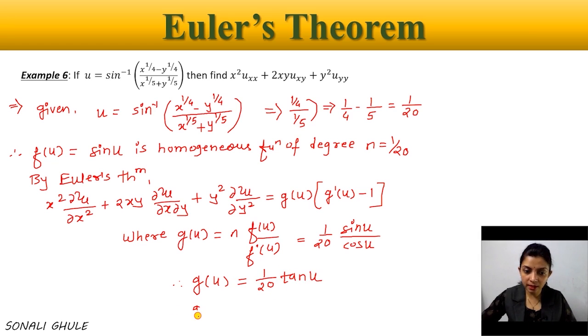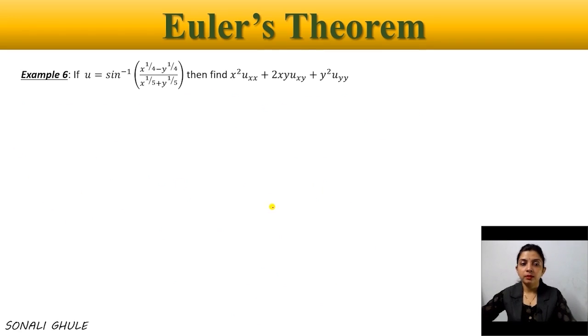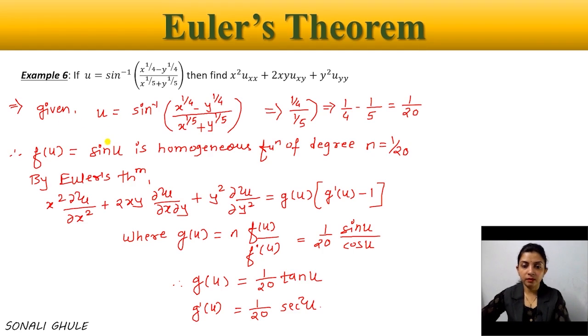And from this I can find g dash of u. So taking the derivative here, what is the derivative of tan u? Yes, it is sec squared u. Okay. So I got the value for g of u and g dash of u. Simply now I have to put them here. So therefore, let's write, this is our equation 1. Okay.